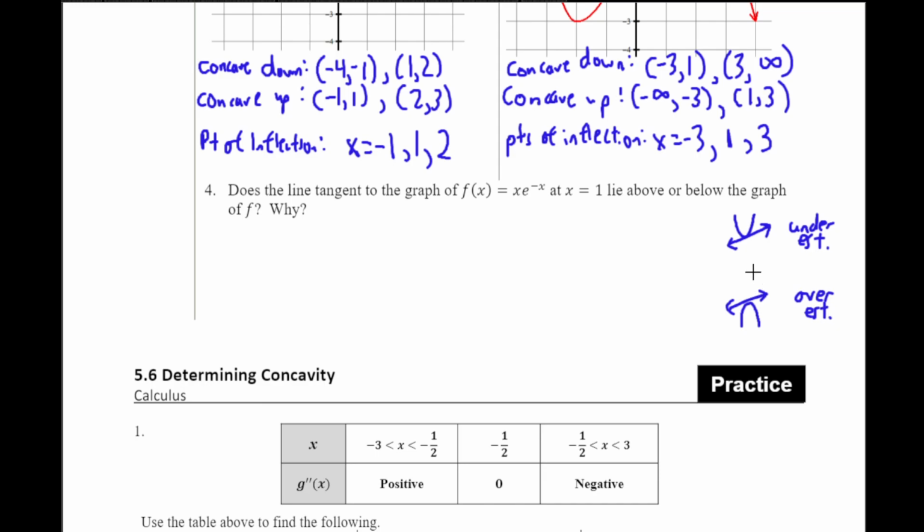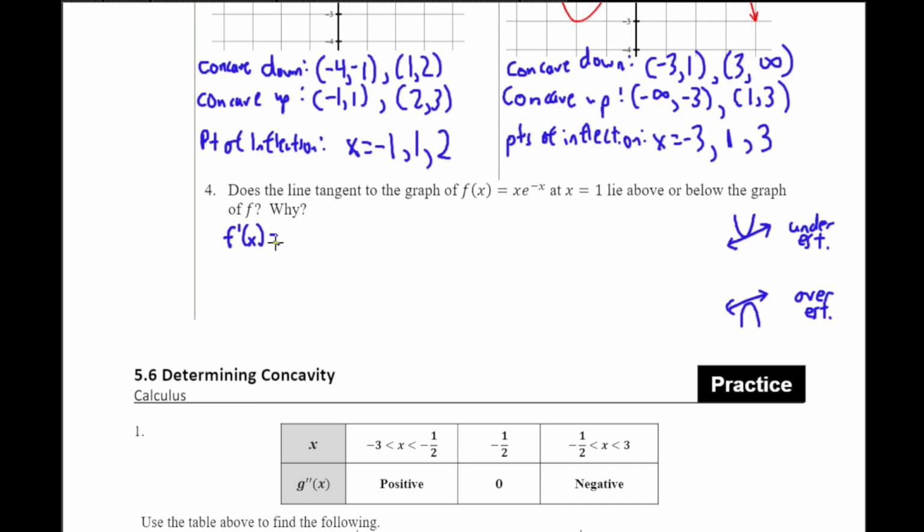So what we have to find is, at x equals 1, is the second derivative positive or negative? That'll determine whether we have an underestimate if the second derivative is positive, or an overestimate because the second derivative is negative, less than 0. We can just find these derivatives.